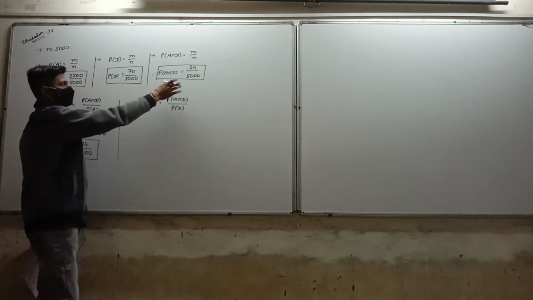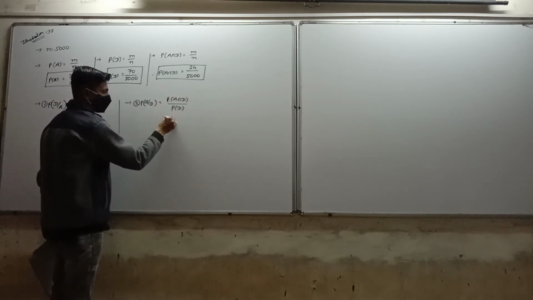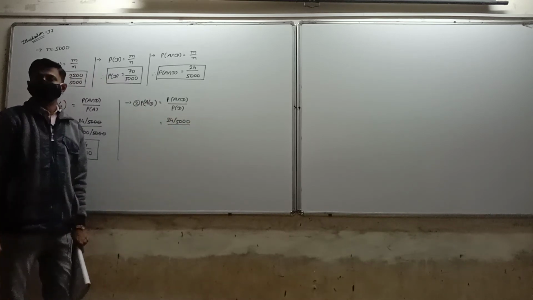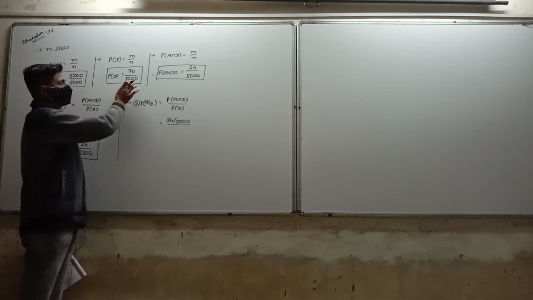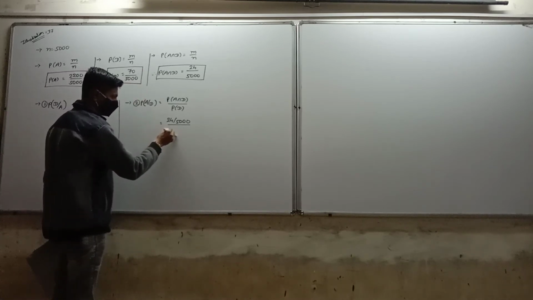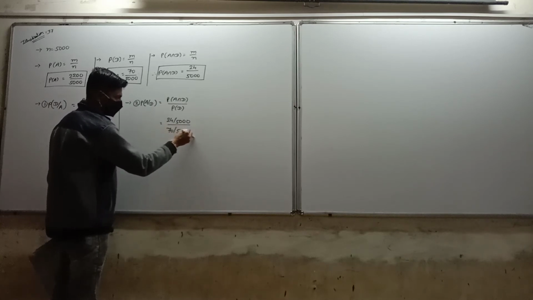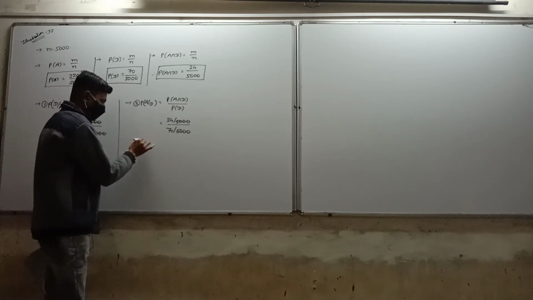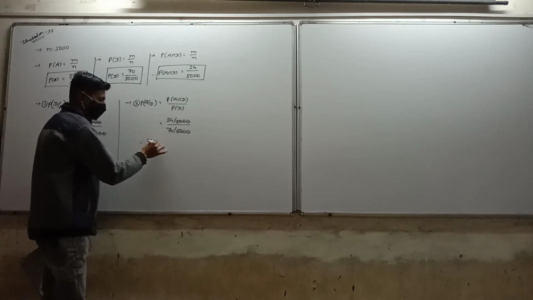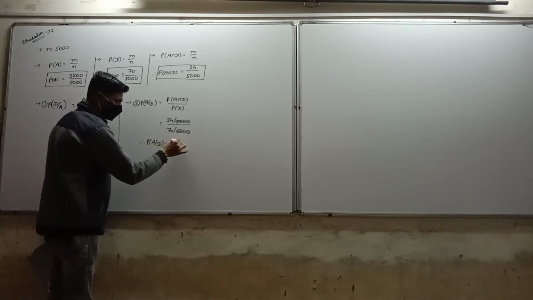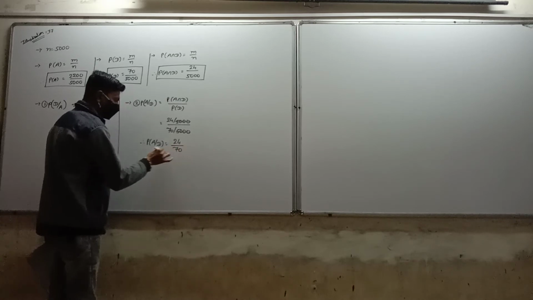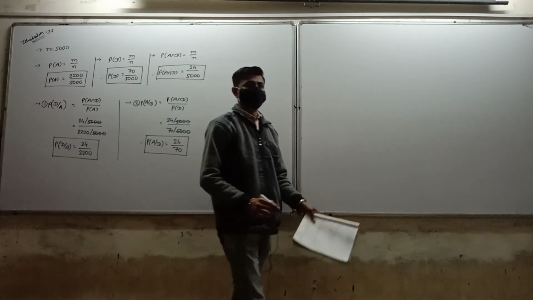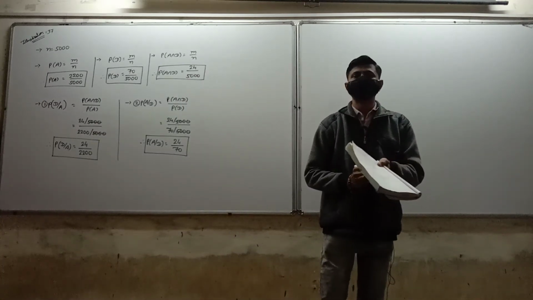P of A intersection D is 24 upon 5000 divided by the value of P of D, 70 upon 5000. Numerator and denominator 5000 cancel. Your final answer, P of A given that D is equal to 24 upon 70. Okay, here completed illustration number 37.